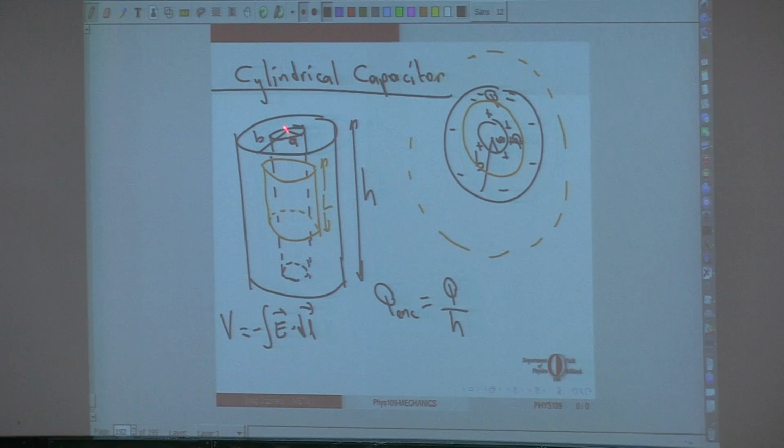But only a length L is within my Gauss surface. So the total charge is the charge per unit length times the length that is inside my cylinder. This is our Q enclosed. If I had chosen H and L to be equal, Q enclosed would have been just large Q.